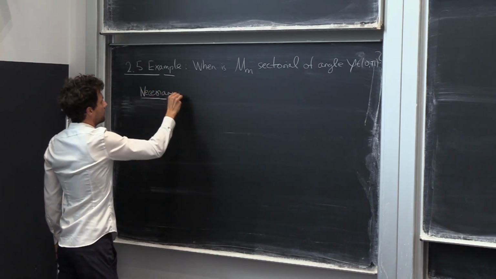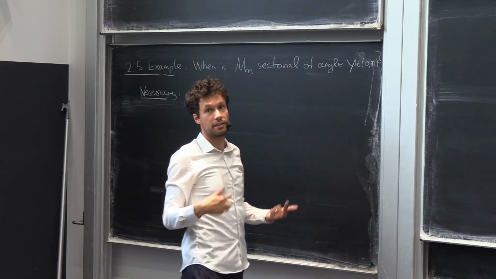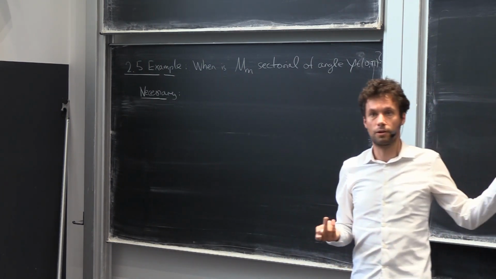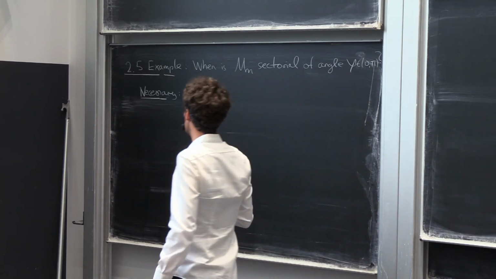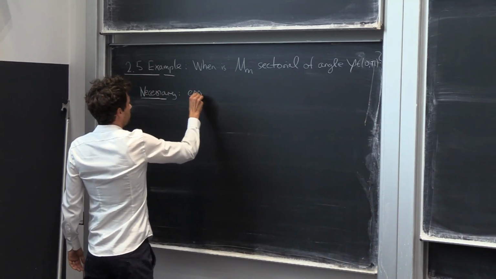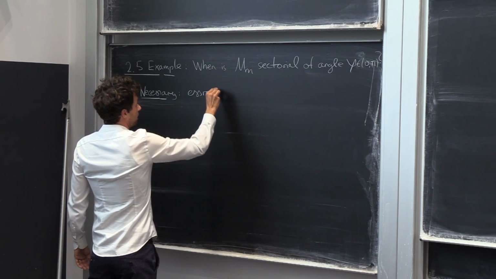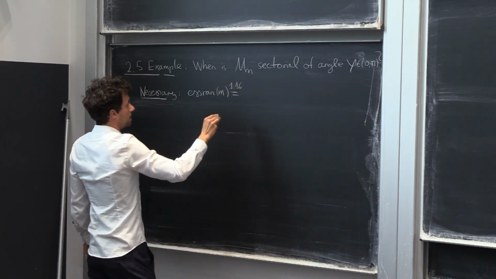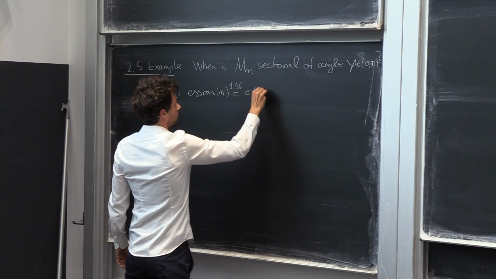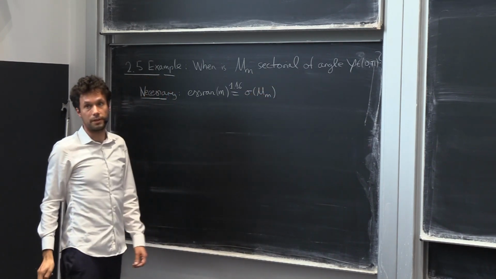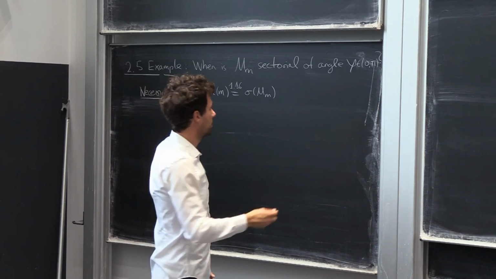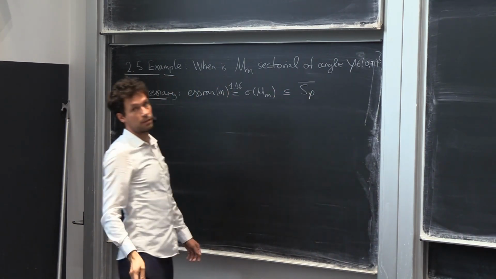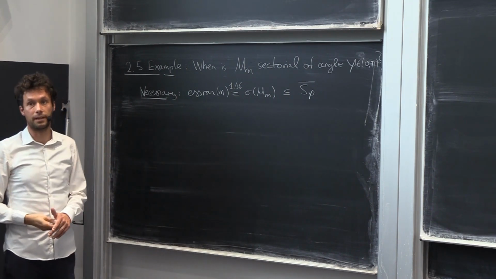So one thing you can already answer, namely you can give a necessary condition using the definition of sectorial operators plus what you've seen last week. Namely, you have seen that the essential range of m was the same as the spectrum of the multiplication operator, and so it is necessary that this essential range shall be a subset of the closure of the sector of angle phi.